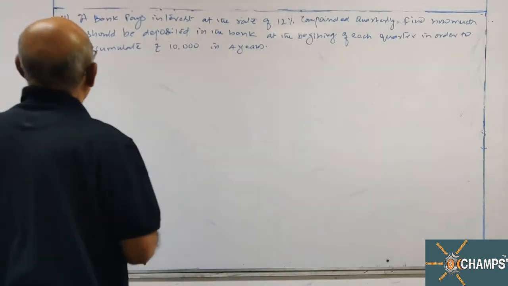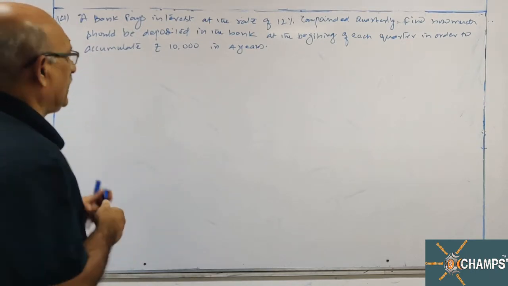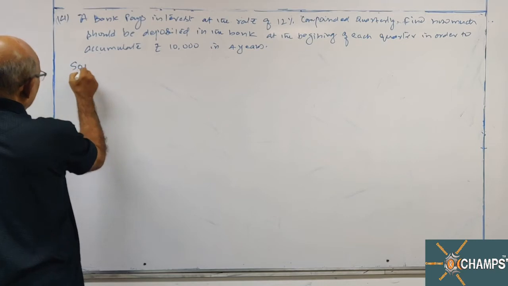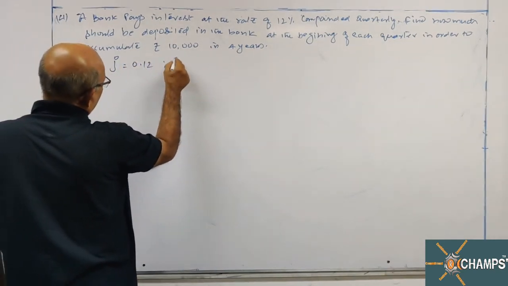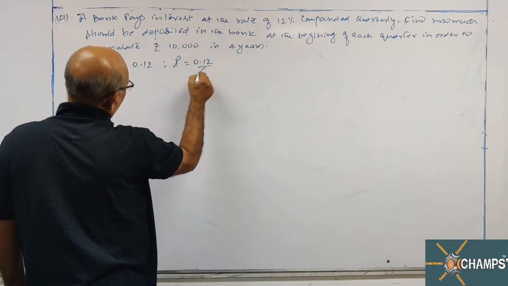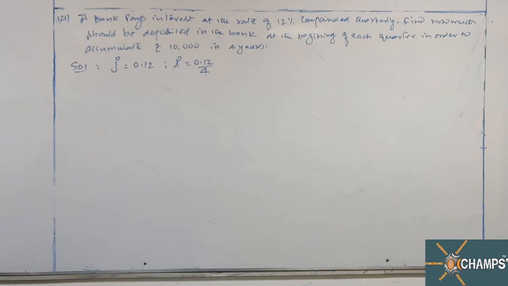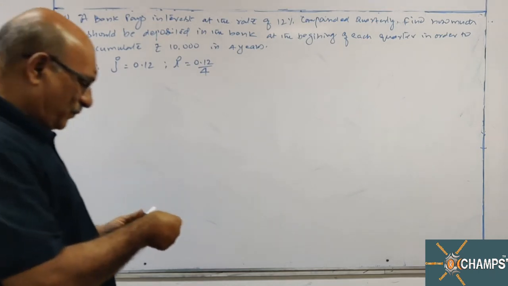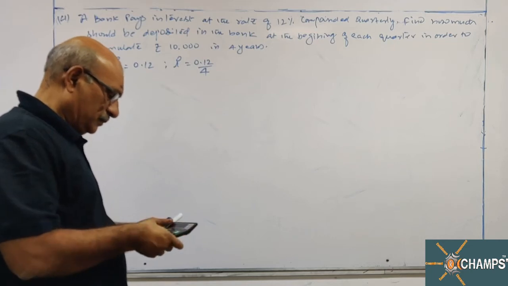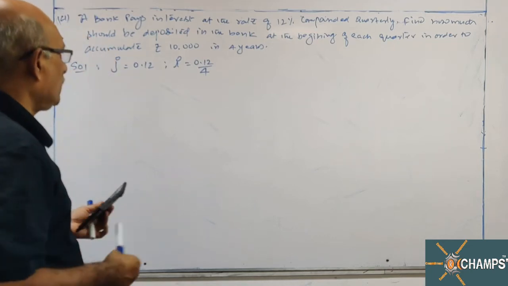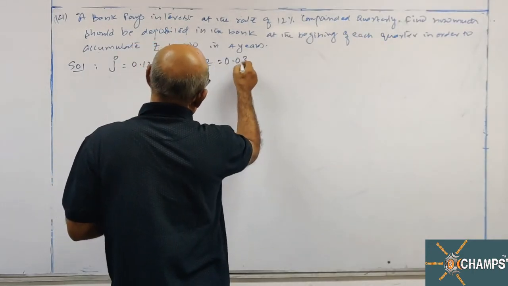Look at the question, sir. A bank pays interest at the rate of 12% compounded quarterly. So the nominal rate of interest is 0.12. The rate of interest to be used for calculations is 0.12 divided by 4, which is 0.03.